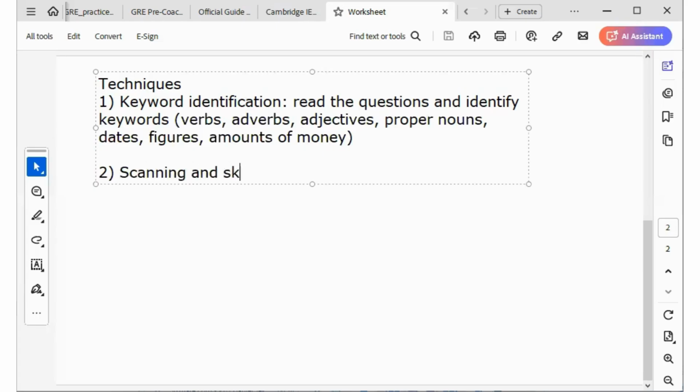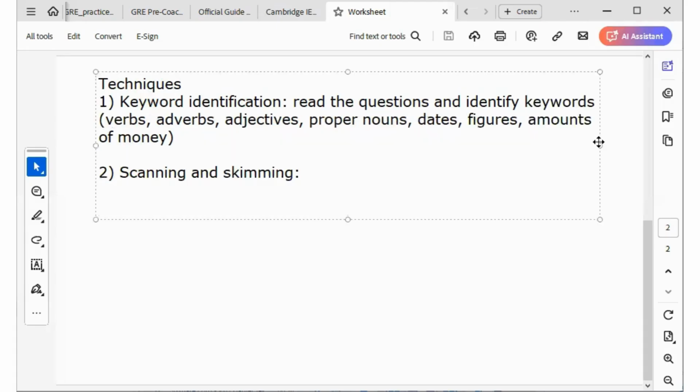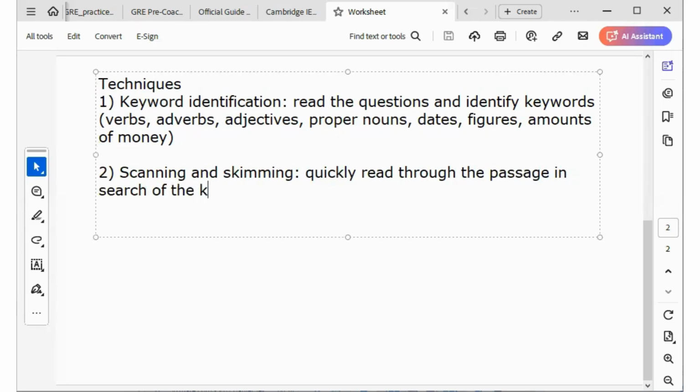Now, what is technique number 2? Scanning and skimming. What does that mean? That means that you quickly read through the passage in search of the keywords or the paraphrases of the keywords. That's technique number 2.